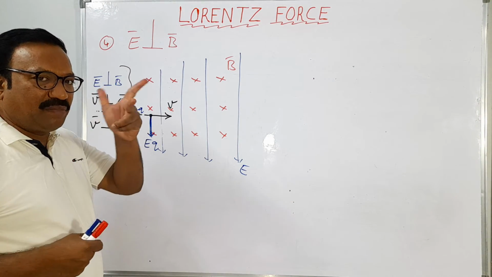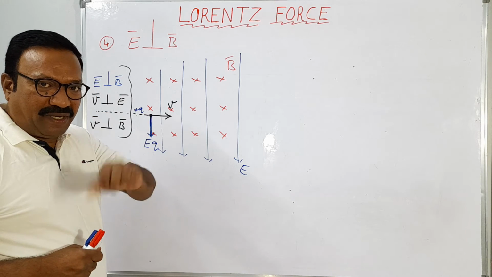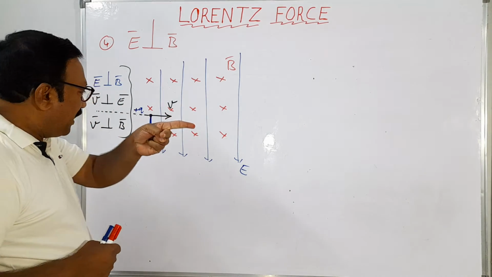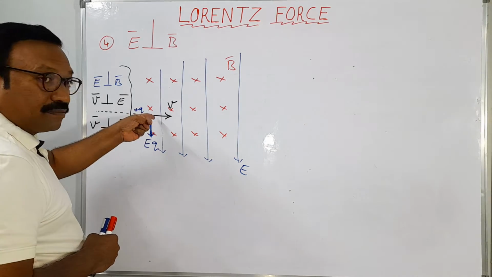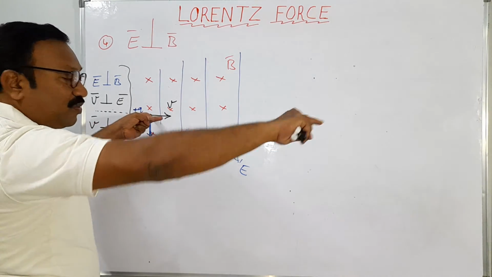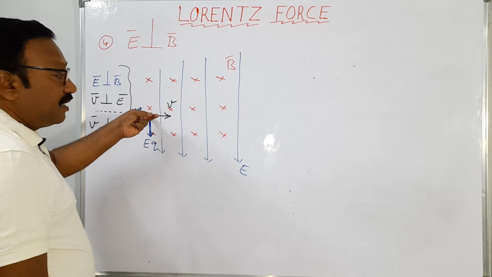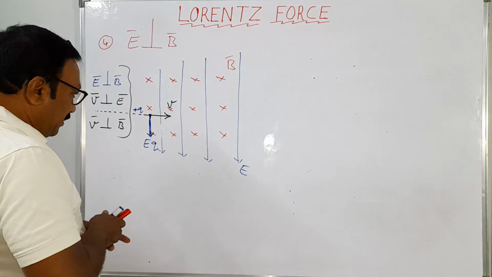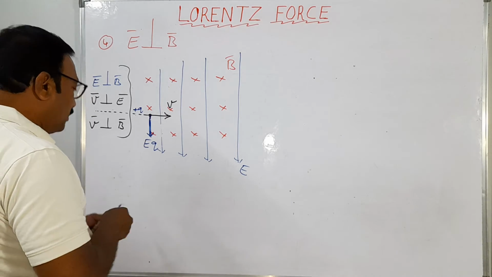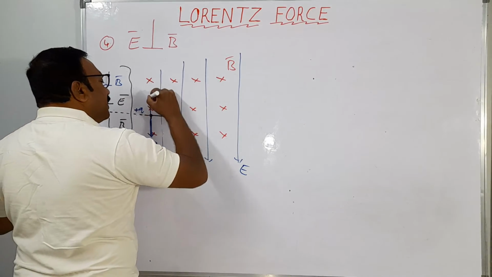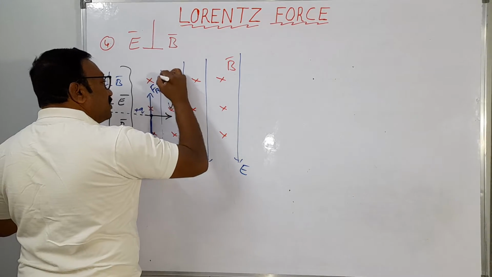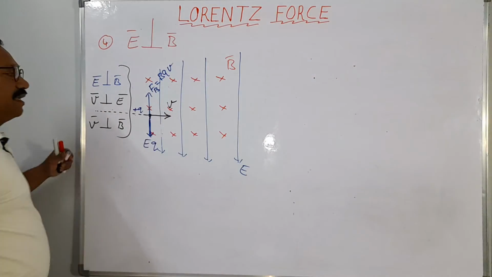Let me use Fleming's left hand rule: magnetic field, velocity, force. First you take these two. So the magnetic field is inward, velocity is along positive x-axis. There is a force now in upward direction due to the magnetic field, which is BQV sine 90.